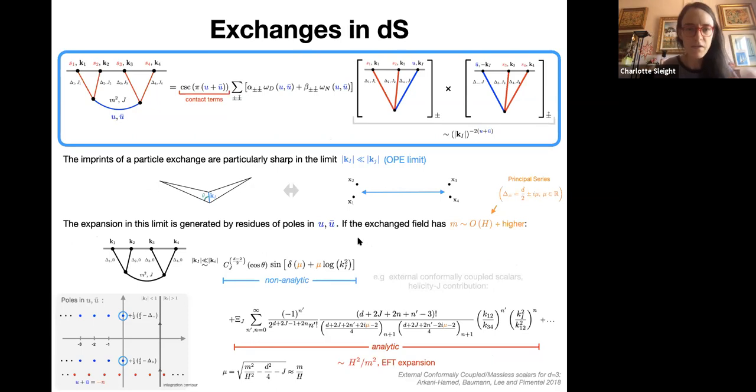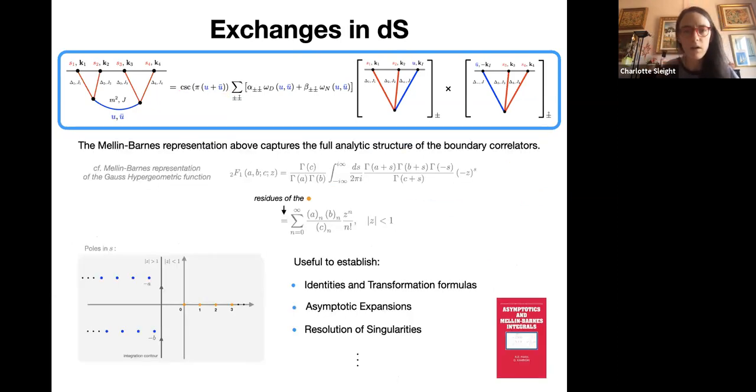Let me emphasize that for fields of generic mass and spin, this Mellin-Barnes representation is what captures the full analytic structure of the boundary correlator as a function of complex momenta. In particular, for generic scaling dimensions, we know that conformal correlation functions in momentum space are necessarily given by horrible generalized hypergeometric functions of multiple variables.